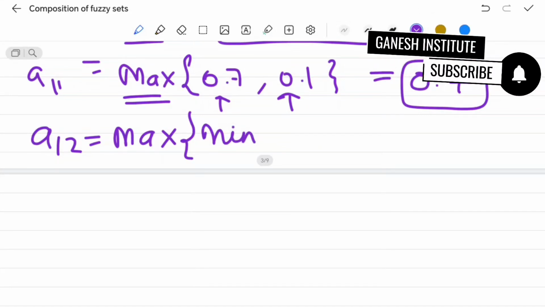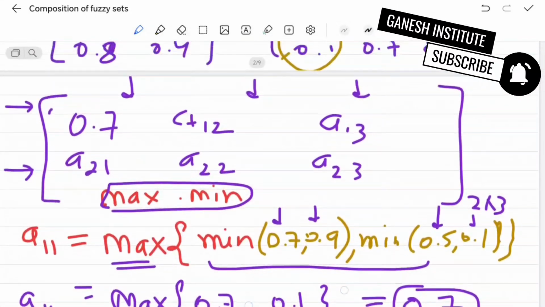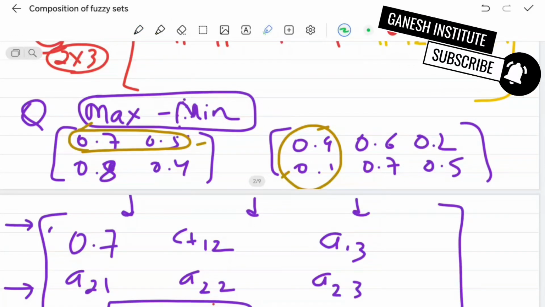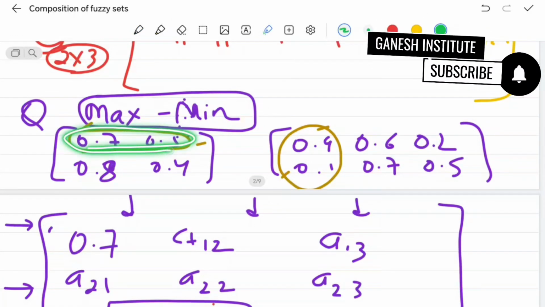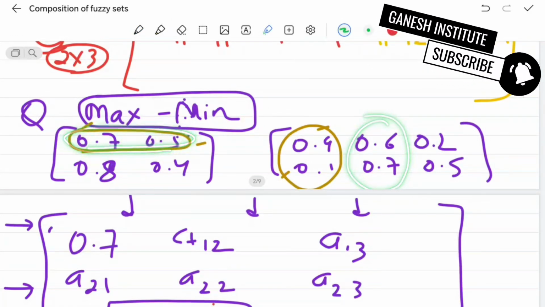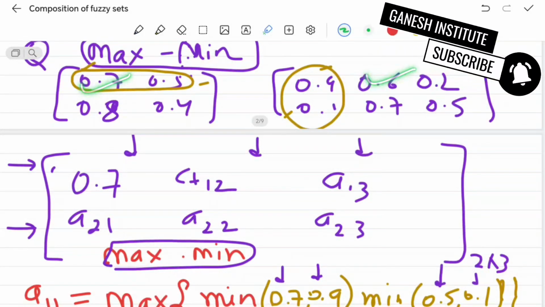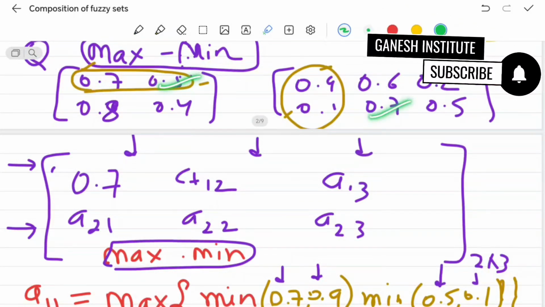Next, A12. For A12, we have to find the max of min of the first row, second column. We have the first row 0.7, 0.5 and the second column 0.6, 0.7, right? So 0.7 is paired with 0.6, and 0.5 with 0.7.